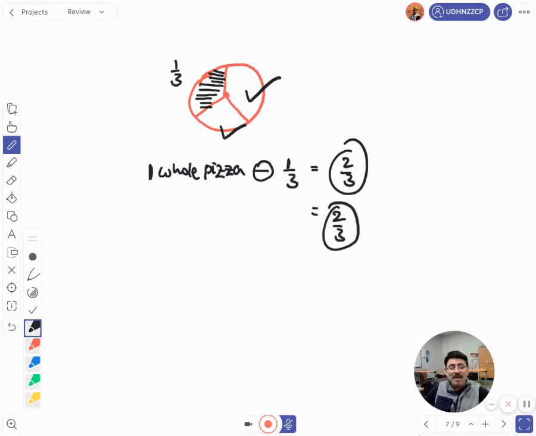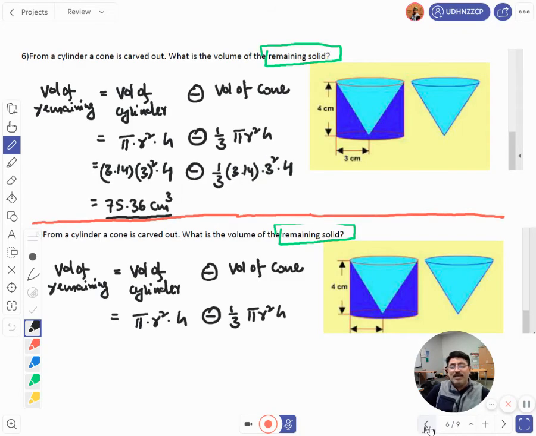Now, going back to the previous page, from the whole 1 pi r square h, if I take away one third pi r square h, just like our pizza example, what is left? Please remember the dimensions are the same.